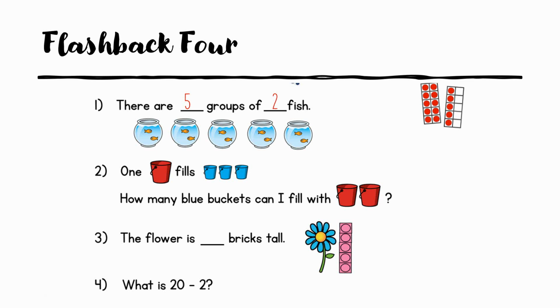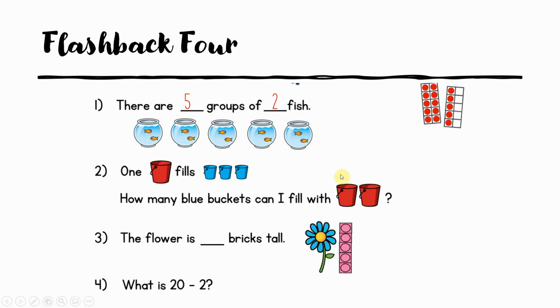Okay, question 2. 1 red bucket fills 3 blue buckets. How many blue buckets can I fill with 2 red buckets? So I know this red bucket fills 3 blue buckets, and I know that this red bucket fills 3 blue buckets too.